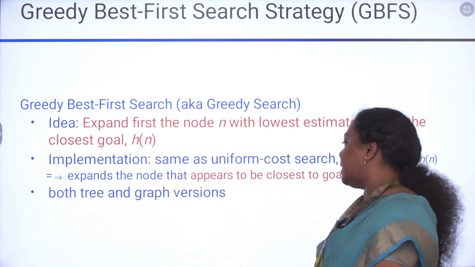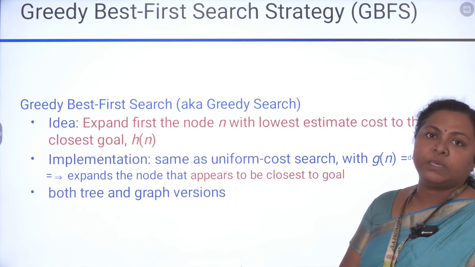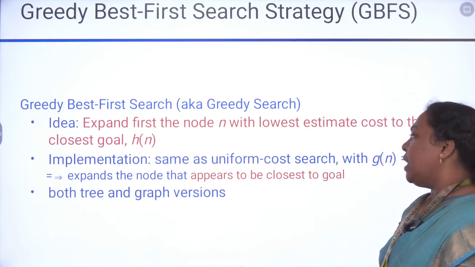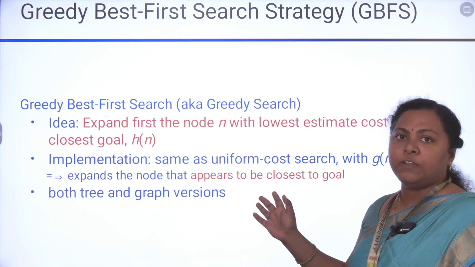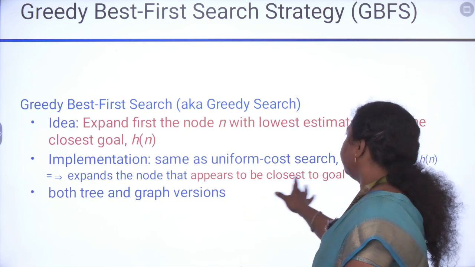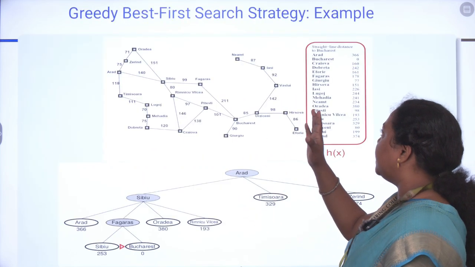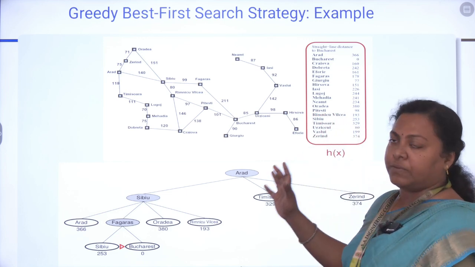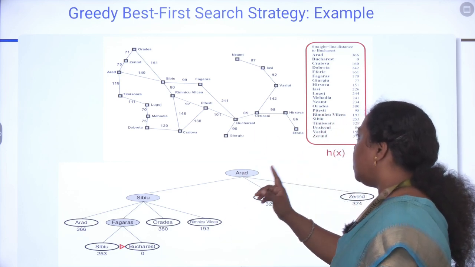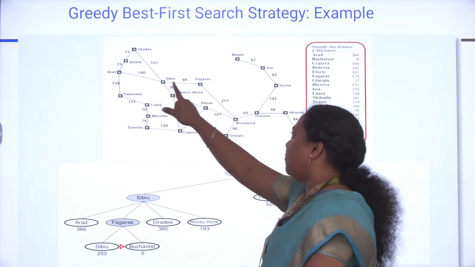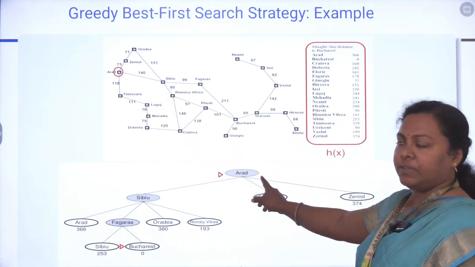This helps in expanding the node which appears to be closest to the goal, and it is helpful for both the graph and tree versions. Let's see how greedy best first search is done with an example. Our goal is to reach Bucharest from Arad. So we start with Arad here.